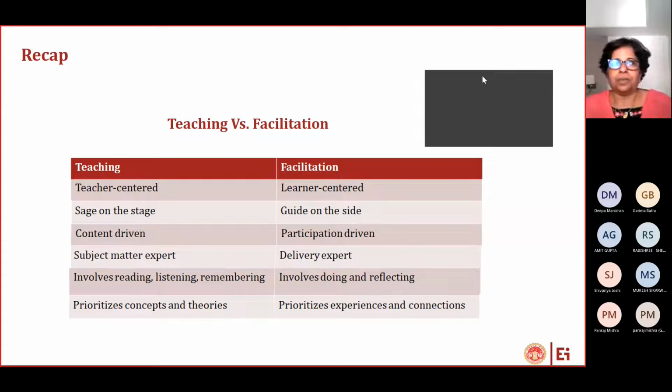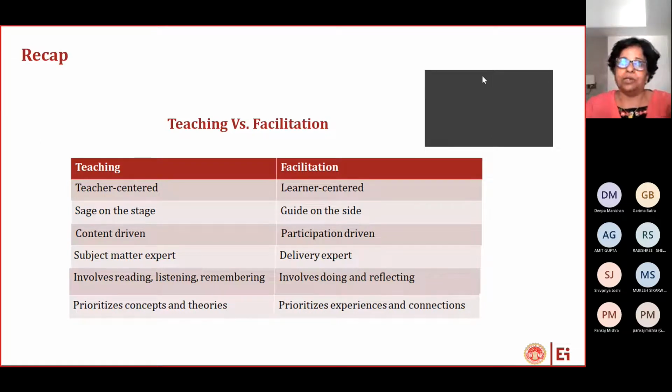The idea is that even if they end up taking away only 30% of what you are sharing, that 30% is well done, and they are able to do and reflect on it and make connections with it, so that they can implement it in their other things.